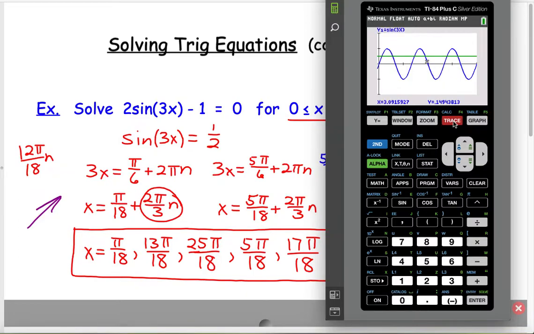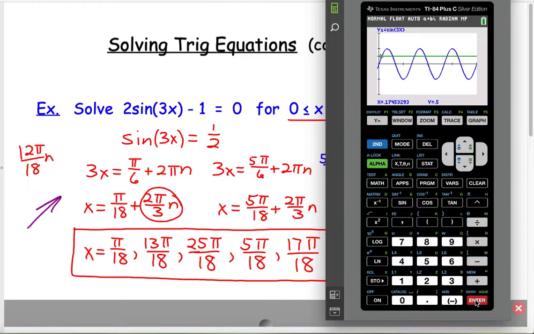And if I hit trace and I start typing in my answers, the first one was pi divided by 18. You can see that's where those two graphs intersect. If I go to the next one, which is 13 pi over 18, it's not going to be the next one in my graph on the downslope, but it'll be the next upslope.